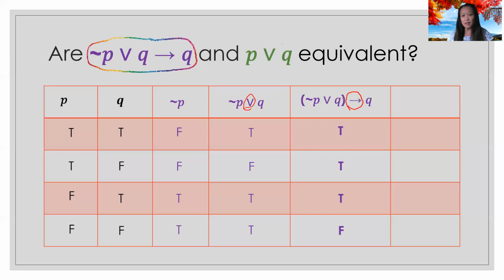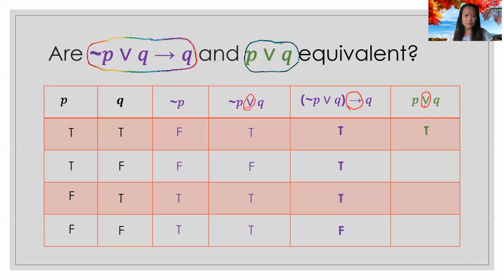So now we would look at the other statement, P or Q, right? Now, if they have the same truth value for all of these corresponding combinations, then we would say that they are equivalent. Okay, so let's remember P or Q. Or is the inclusive or. So true or true is true.